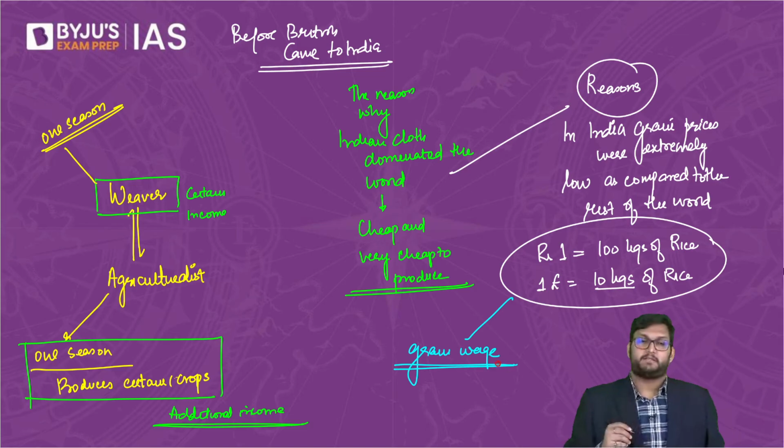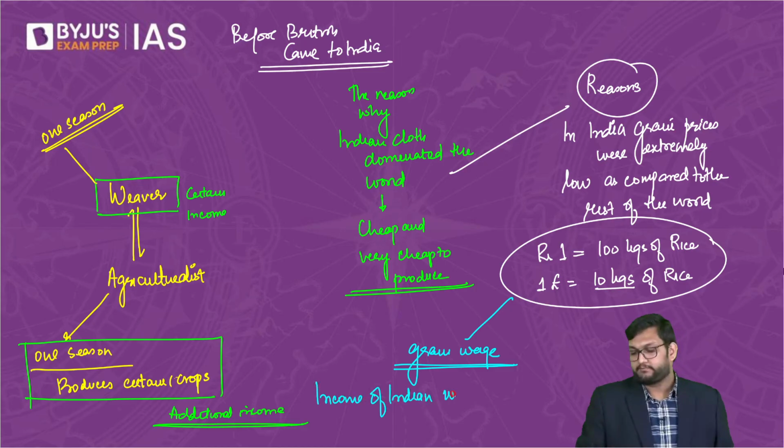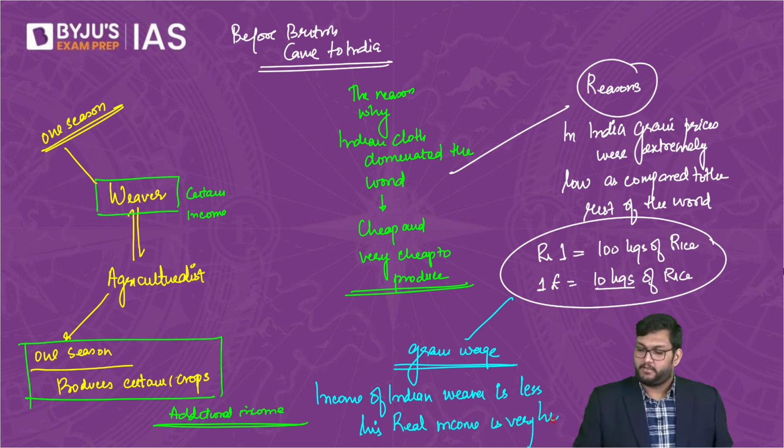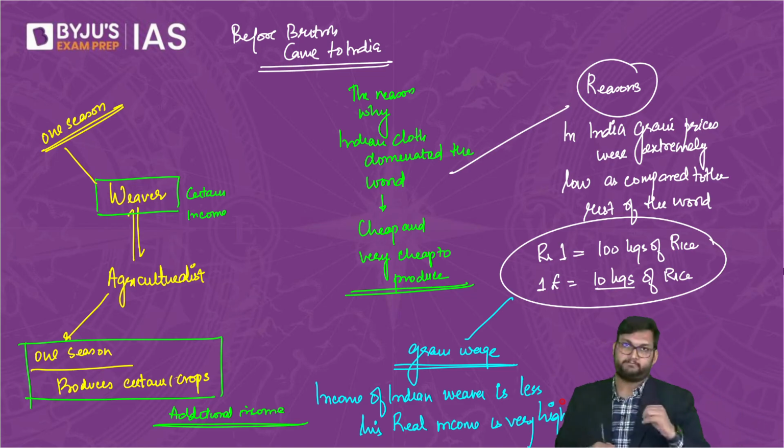Though the income of the Indian weaver is less, his real income is very high. Now here I need to discuss with you the concept of nominal and real income.